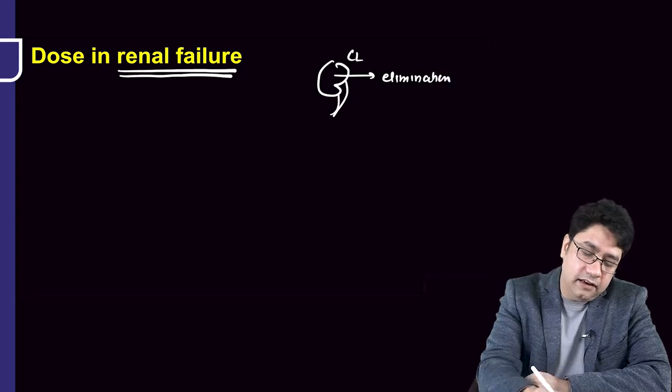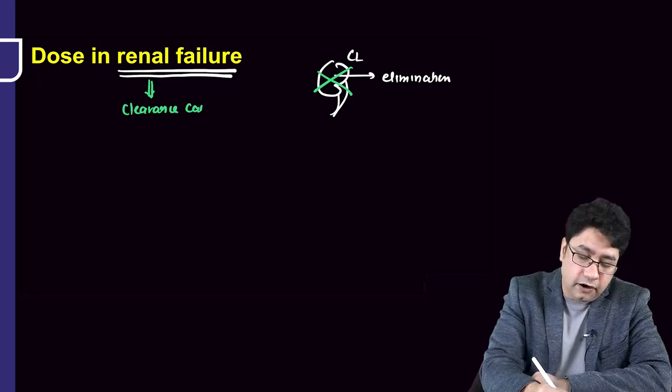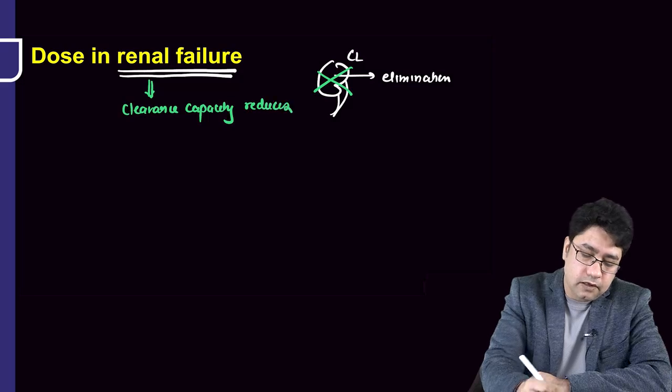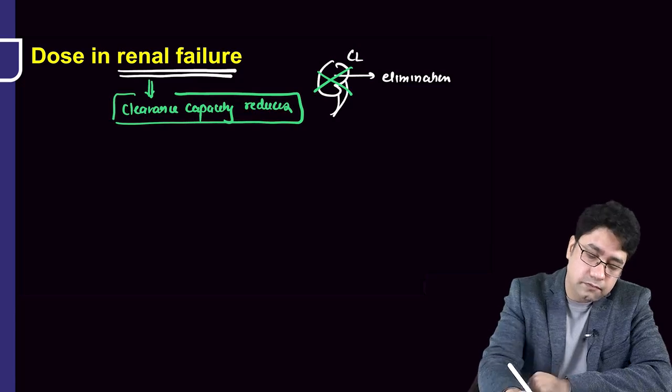In renal failure, what happens? Because the kidney is damaged, the clearance capacity of a drug reduces. So the clearance capacity of the body gets reduced.